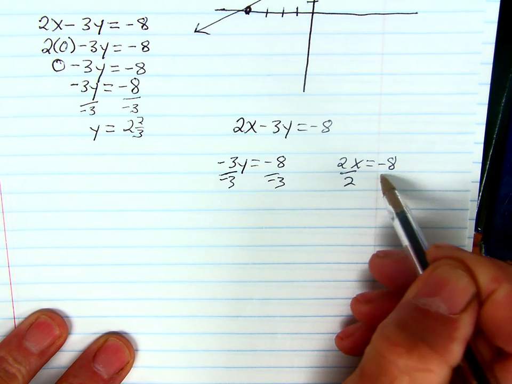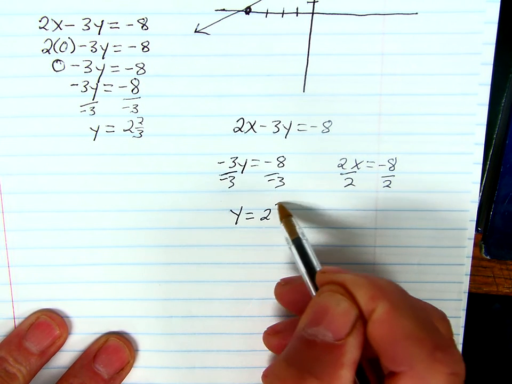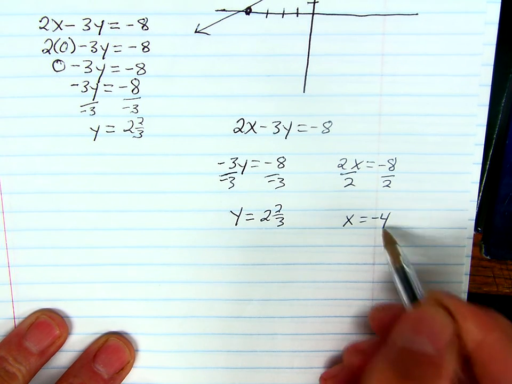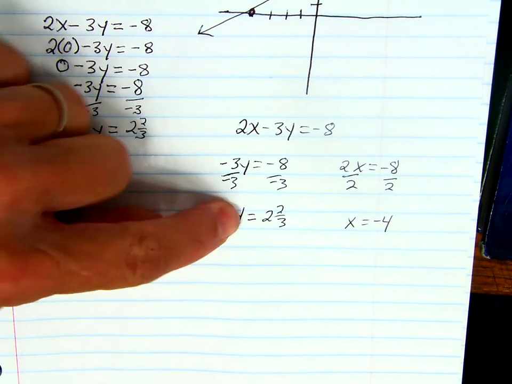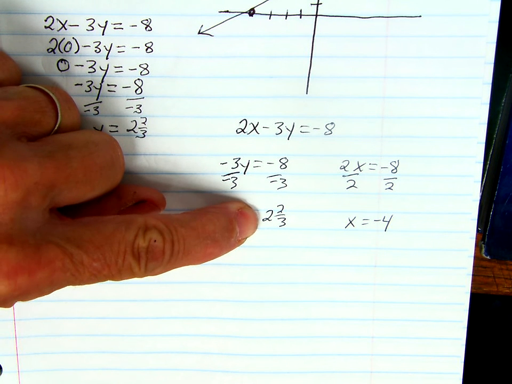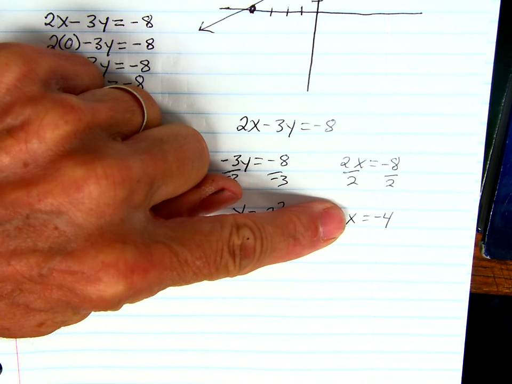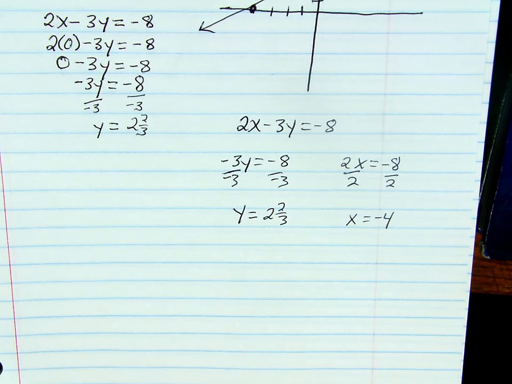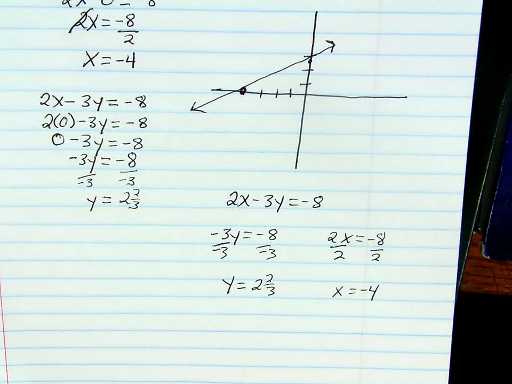Divide by 2, divide by 2. Y equals 2 2/3. X equals negative 4. Go to the Y number line and you make a point at 2 2/3 on the Y number line. Go to the X number line, you make a point at negative 4 on the X number line, and then you connect them with a line.